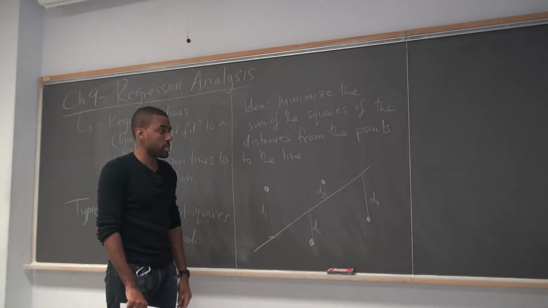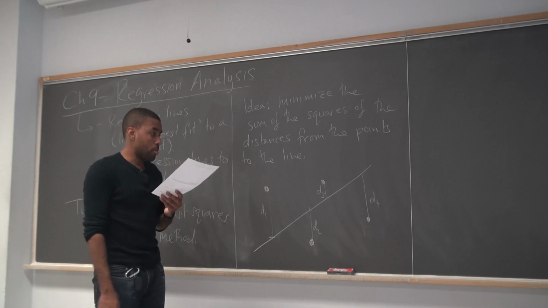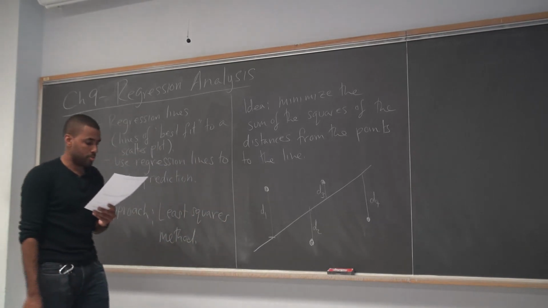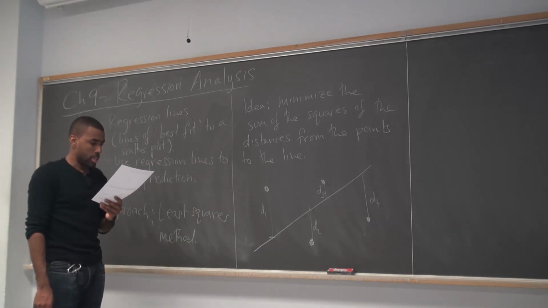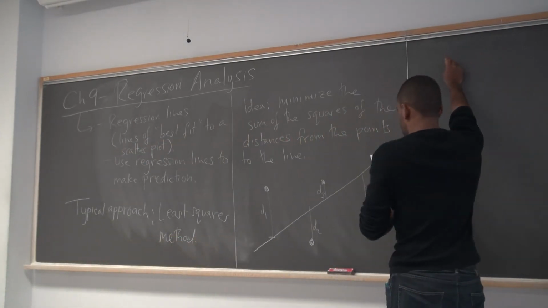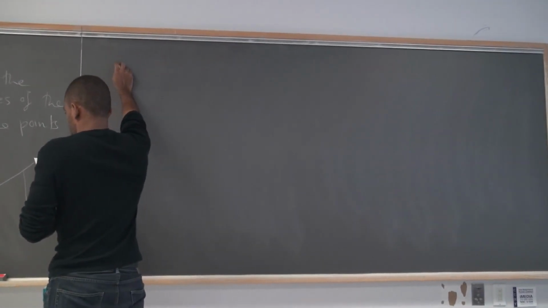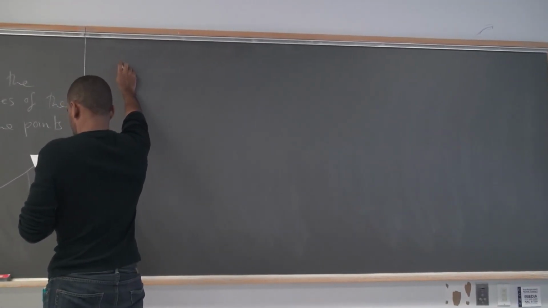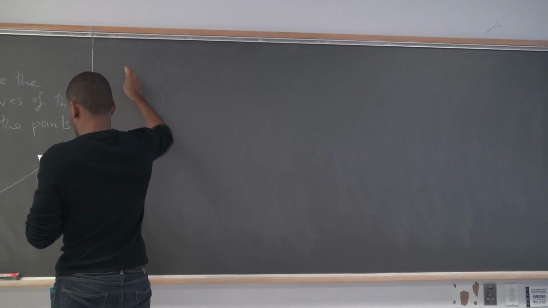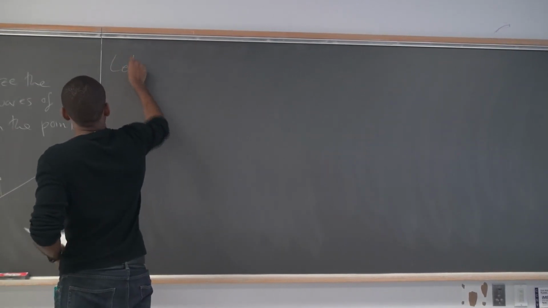So that's basically what we're going to be doing. We're going to come up with a formula that will give us this sum. Okay, so let's come up with the formula.